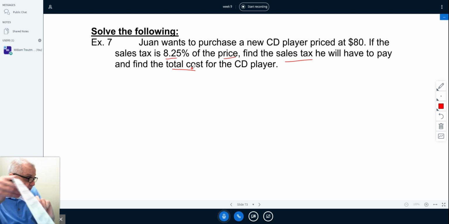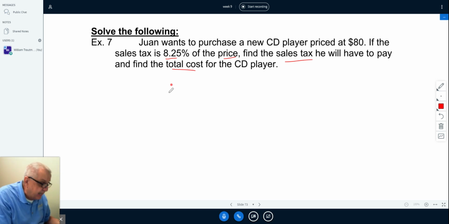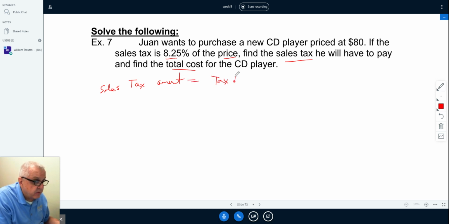Well, on your formula sheet, this one right below the percent to decimal, it says finding the total price including tax. Then to the right, the formula for sales tax amount equals the tax rate times the original price.